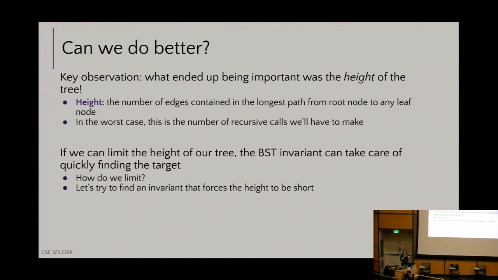So the taller and skinnier your tree is, the more recursive calls you need to make to get all the way down to the bottom of it, versus the bushier, the fuller your tree is, the shorter it will be, and it will take fewer recursive calls to get down to the bottom. So your repetition will happen fewer times. You will get better performant code. So, wouldn't it be amazing if we created a tree that forced itself to stay nice and bushy and short?